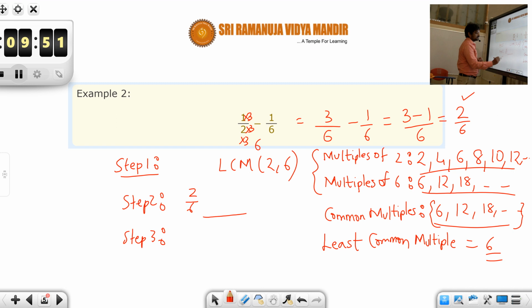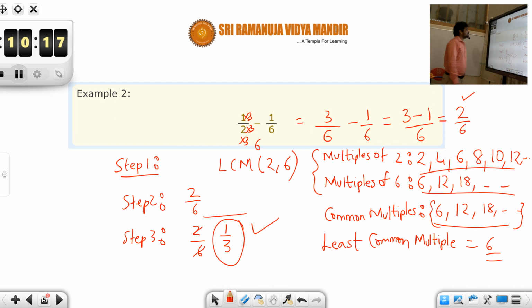Can this fraction be simplified further? 2 by 6 we can write as 2 ones are 2, 2 threes are 6. So this could be simplified, right? So hence 1 by 3 is the most simplified fraction. So this would be our answer.